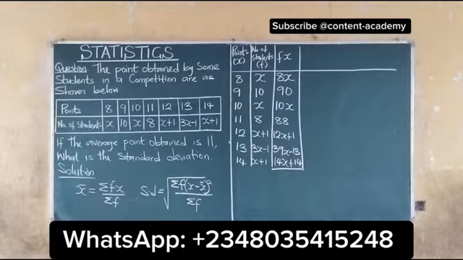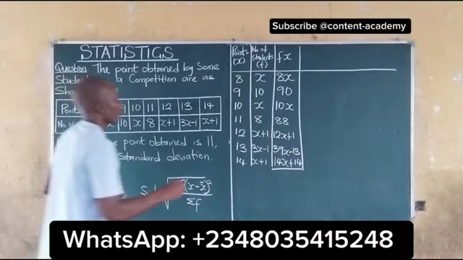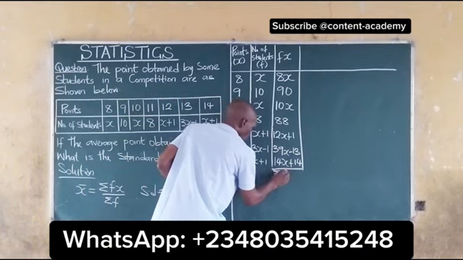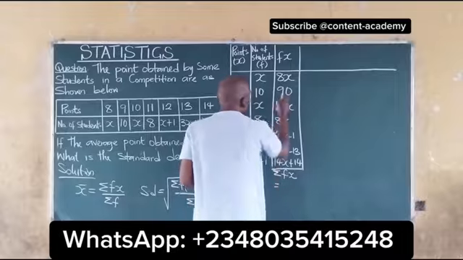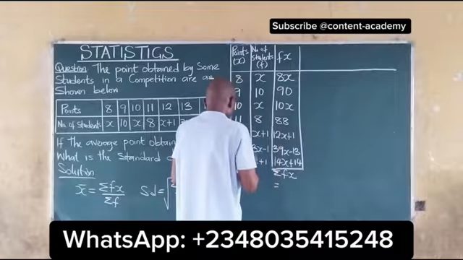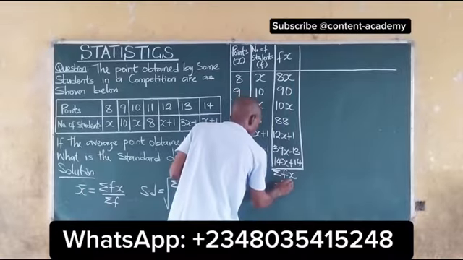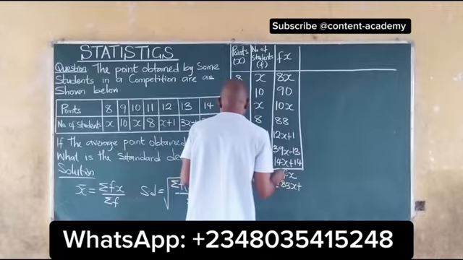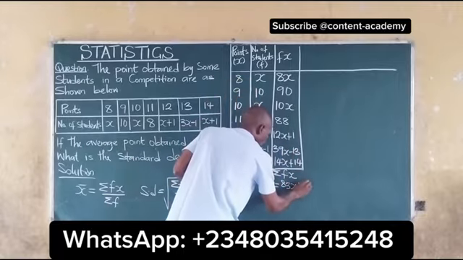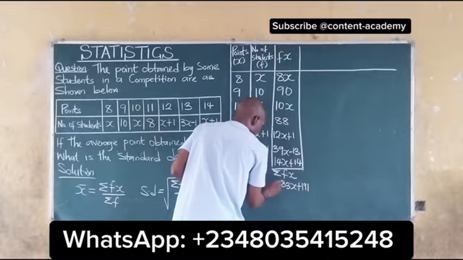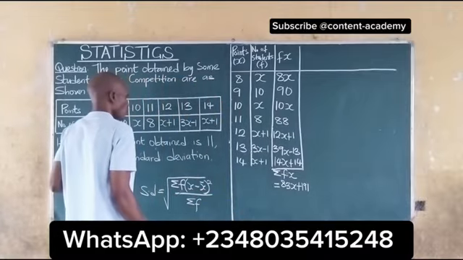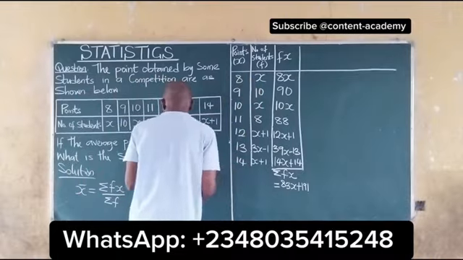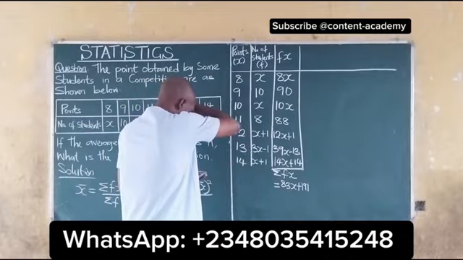So summation of f of x will be equal to 83x plus 191.